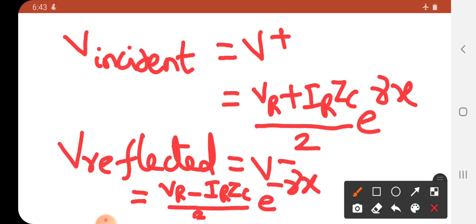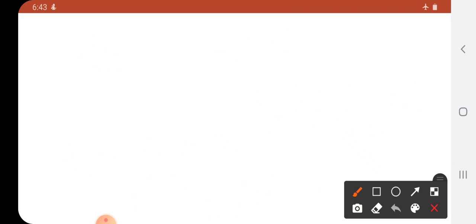So these are the incident voltage and reflected voltage of a long transmission line. The sum of these two is the resultant voltage. Now let us solve one problem.